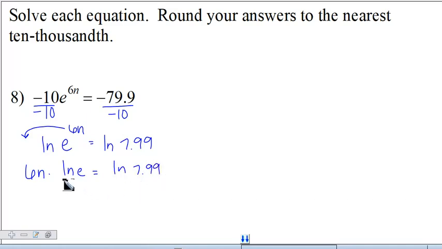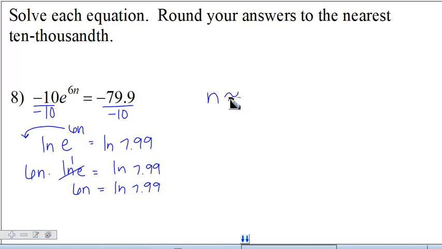As I taught you in the previous lesson, if you ever see ln e in your problem, you can replace it with the value 1. 1 times 6n is just 6n. My final step to solve for n is going to be to divide both sides by 6.